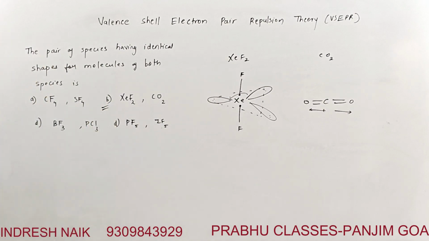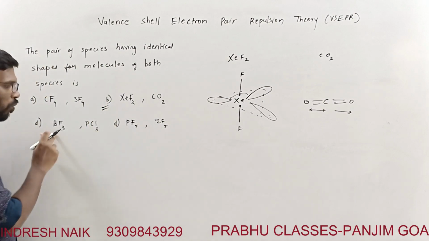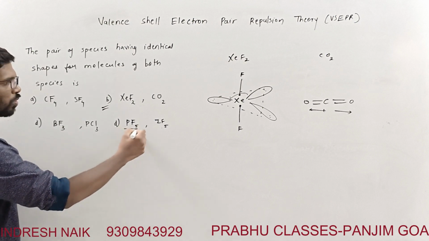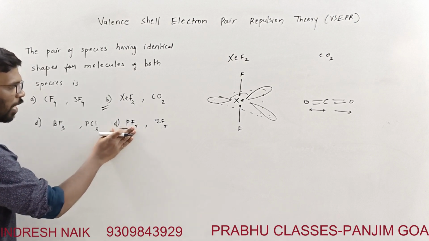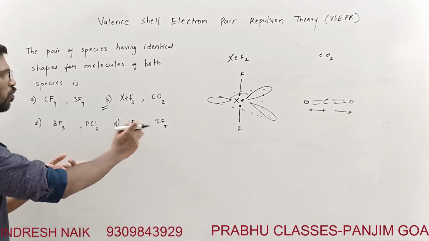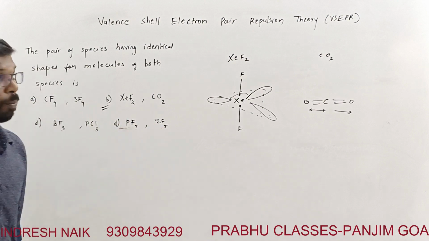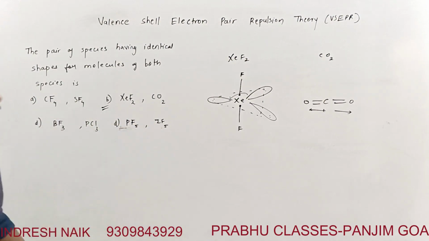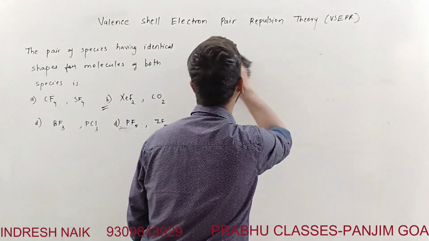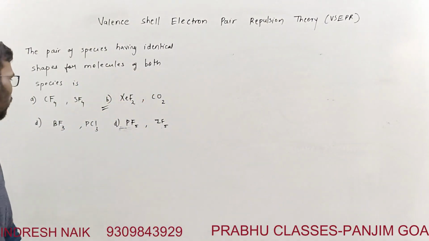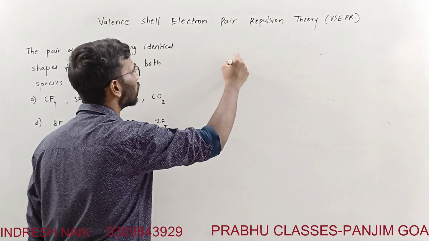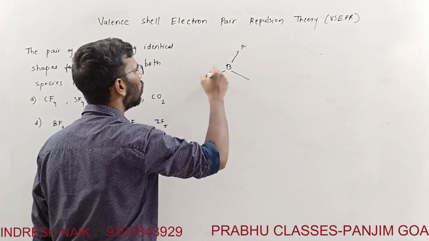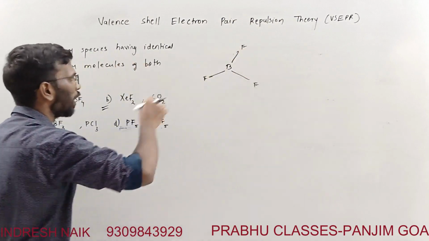Why not BF3 and PCl3? You can do it yourself. This is also the same, for the others, because the number of lone pairs is going to vary. Okay, I'll discuss the remaining things. BF3 structure is this. We have discussed. There is no lone pair on this, only 3 bond pairs. It is trigonal planar.